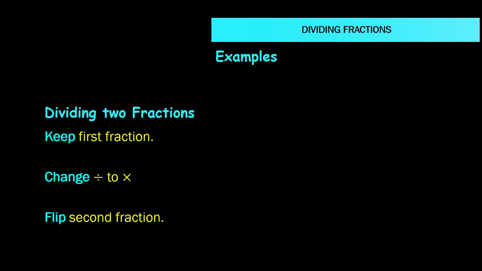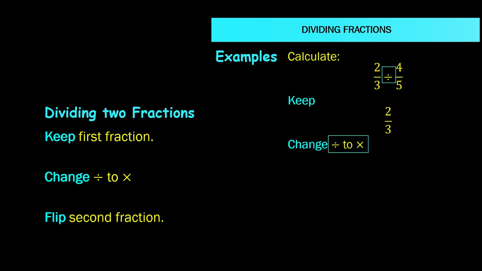So, for example, if we want to calculate 2 over 3 divided by 4 over 5, we keep 2 over 3, then we change divide to multiply, and then we flip. So 4 over 5 becomes 5 over 4. And then we multiply.